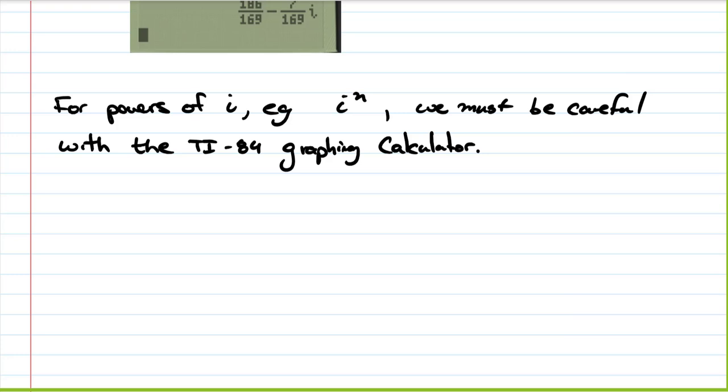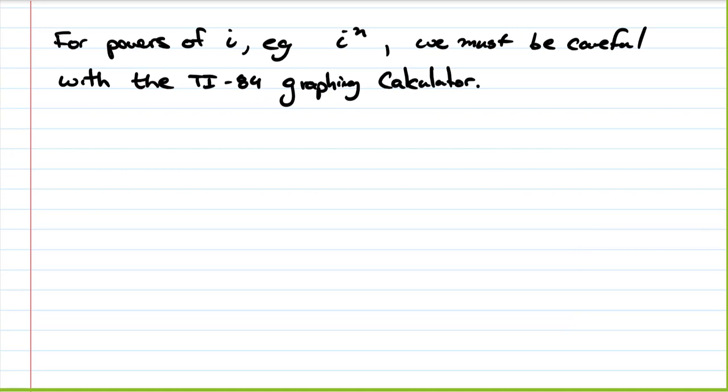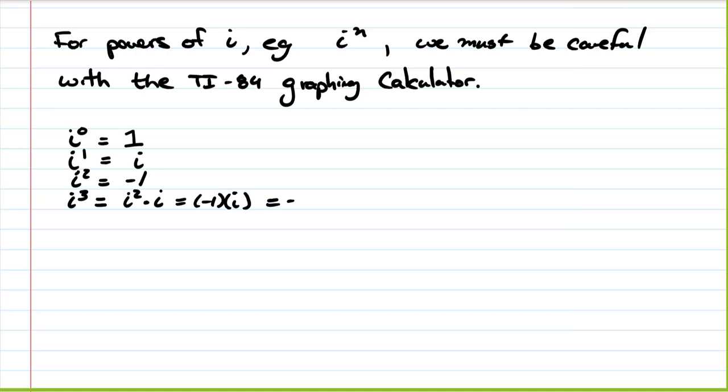So let's take a look at a couple of things. If we have i to the 0 power, anything to the 0 power will always be 1. i to the first power is just going to be i. By definition, i squared is -1. i cubed, by our exponent laws, is really just i squared times i, so that's -1 times i, which is -i.